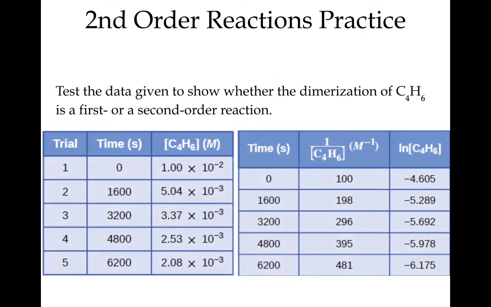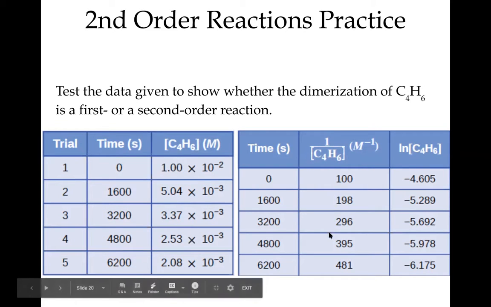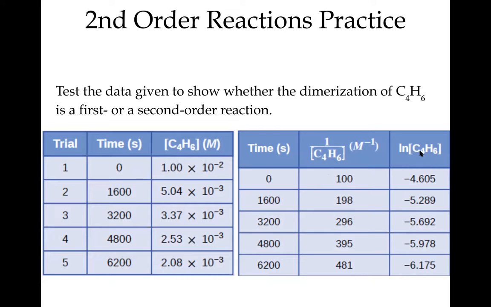How could we figure out if this was first order or second order? Well, we would just plot these here, okay? Because the natural log of the concentration of butadiene, that is data for first order, right? Whereas 1 over the concentration of butadiene, that is the relationship for a second order, okay?